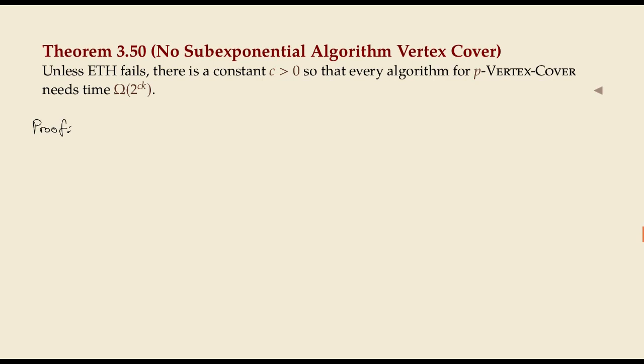The proof is similar to the idea we just had. We assume that we have such an algorithm for vertex cover. And it's again a family parametric by the basis of the exponential part.